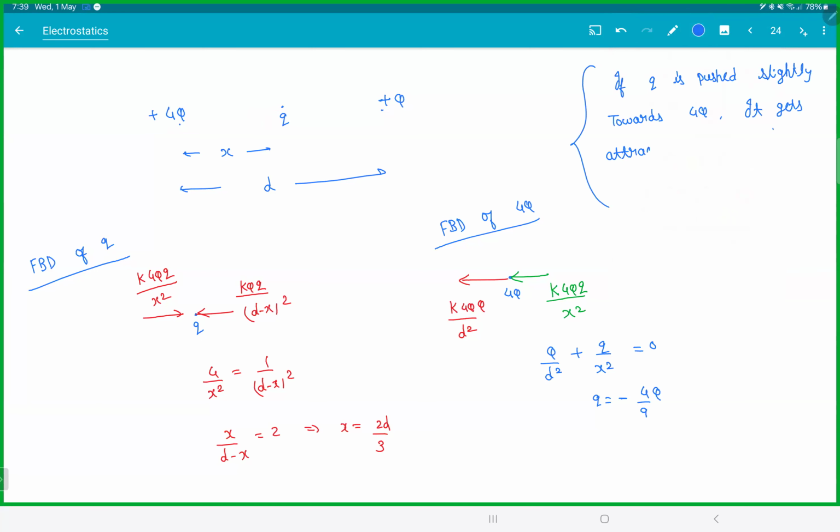So it doesn't come back. It's an unstable equilibrium.